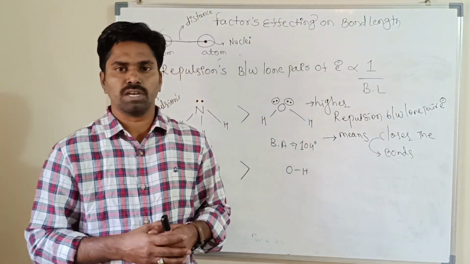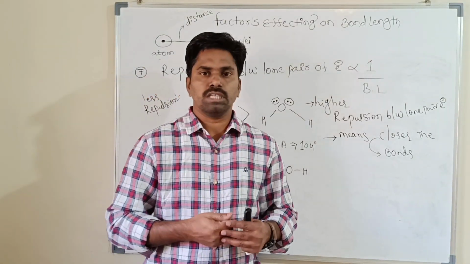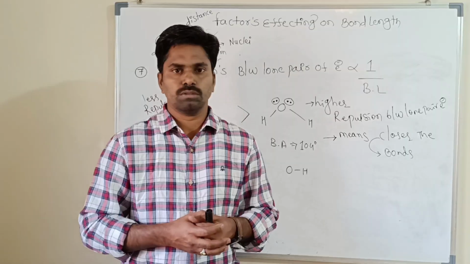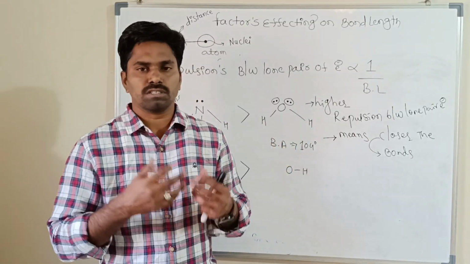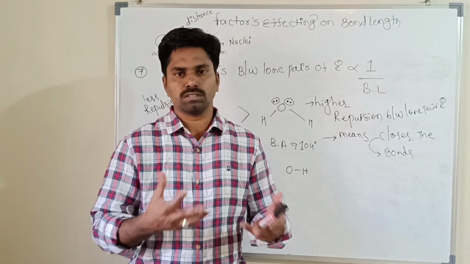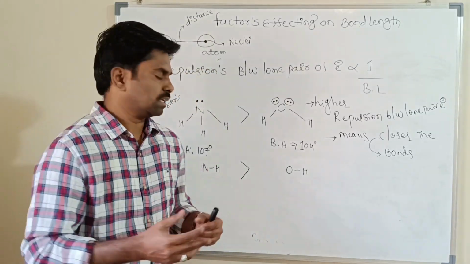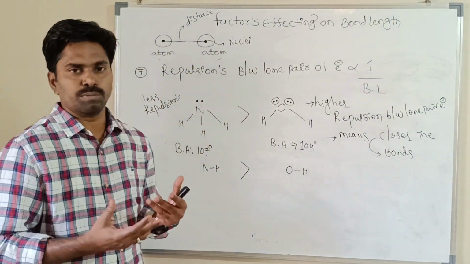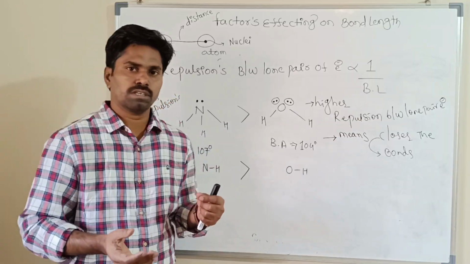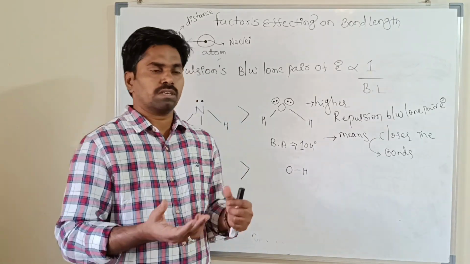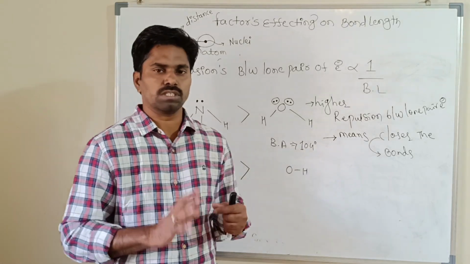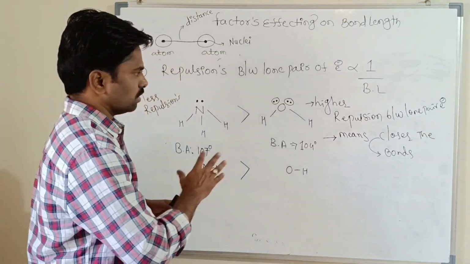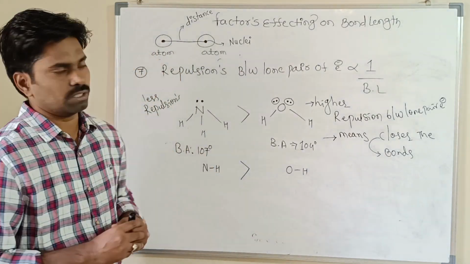If there are excess lone pairs of electrons in the molecule, the atoms or bonds are very close to each other. The one with fewer lone pairs has longer bonds. So the less the repulsion between the lone pairs of electrons, the longer the bond lengths, and the greater the repulsion between lone pairs, the shorter the bond length. That is very important. So these are the factors affecting the bond length.